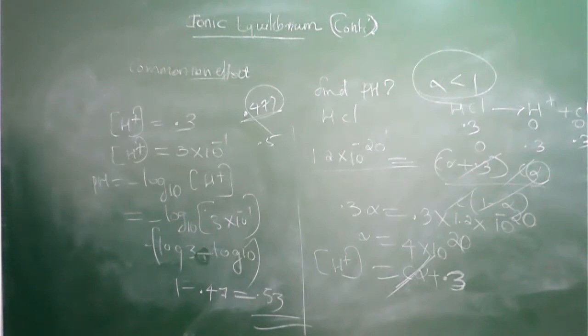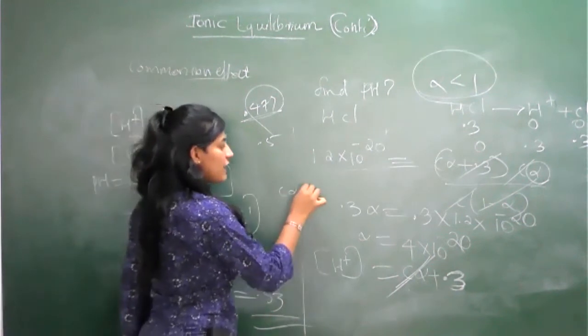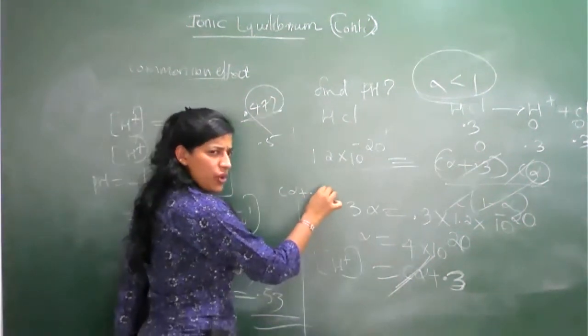In that second question, you could solve that one. Ma'am, it is not getting cancelled because that C alpha value and given concentration is 0.4 around. Right?